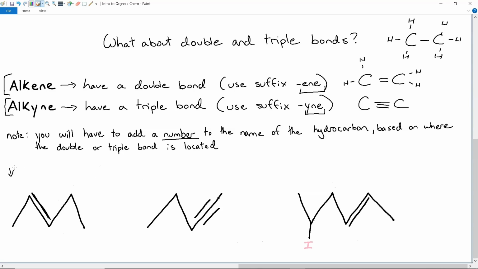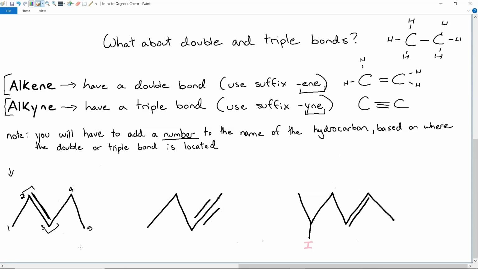So our first example has a double bond, and I can see that based on this parallel line to one of my carbon bonds. So this right here is what a double bond looks like. And just like branches, I want to give my double or triple bond the lowest possible numbering in my name. So to do that, I want to count from left to right.